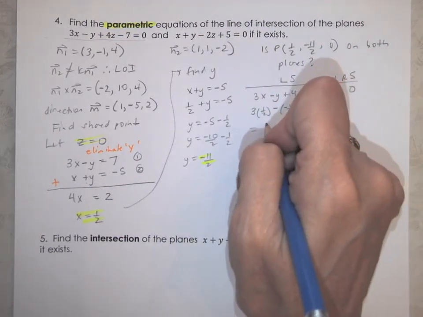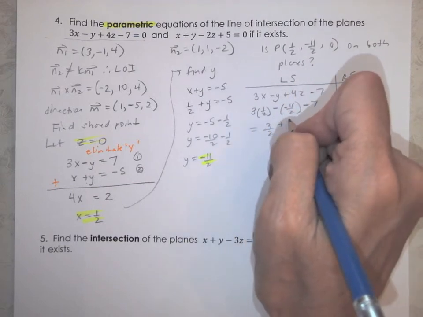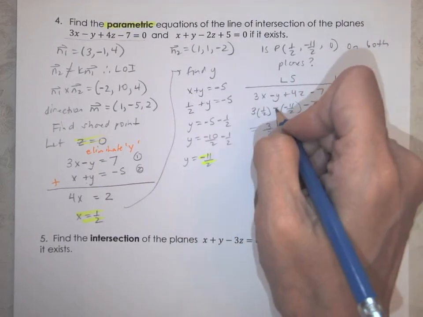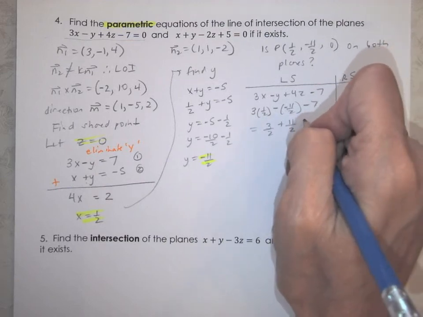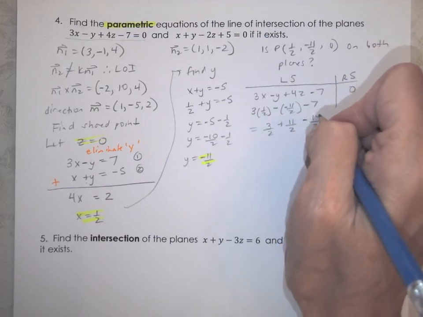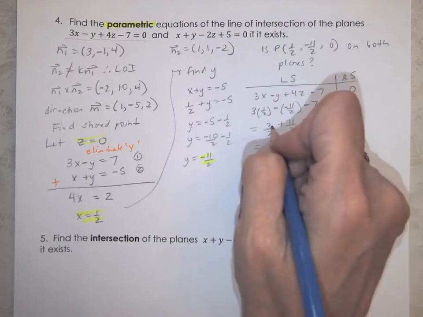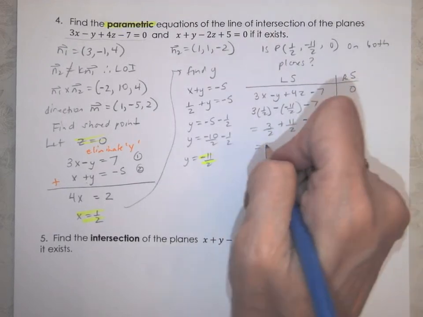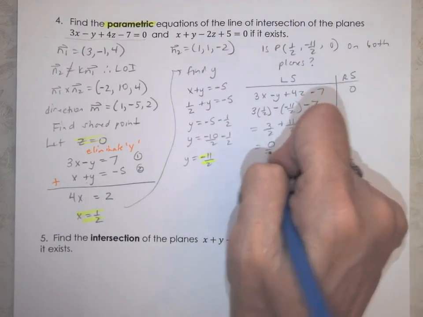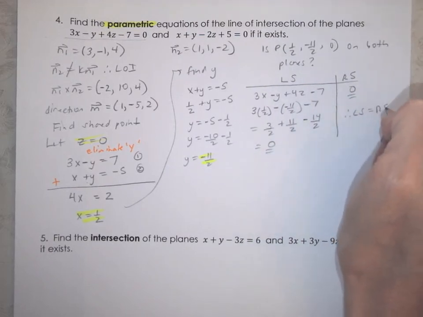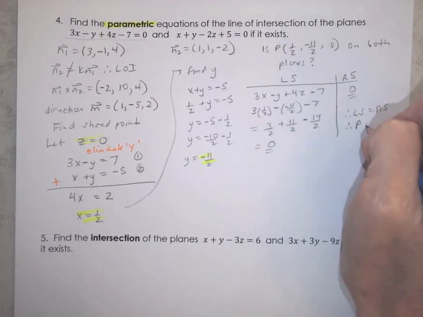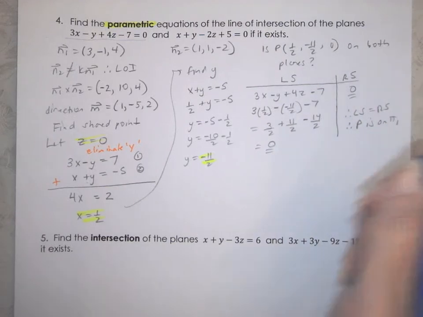So that's going to be 3 halves plus 11 halves, because minus and negative is add. And then if I make negative 7 out of 2, it's going to be minus 14 halves. And that is 3 plus 11 is 14, minus 14 is 0 halves, which is 0. So therefore, left side equals right side. Therefore, that point is on pi 1.